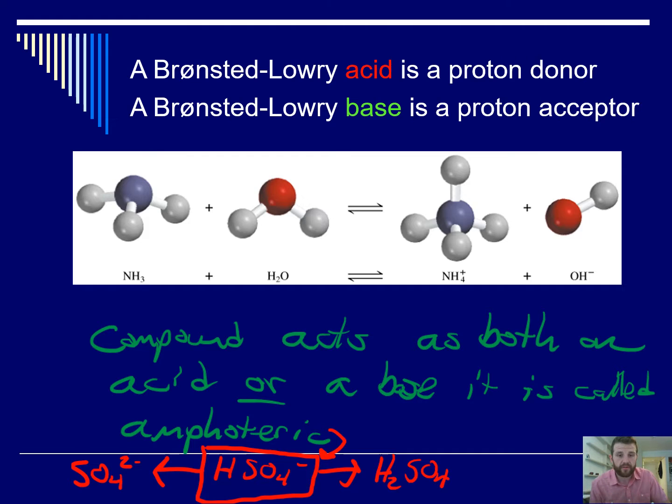What I'm seeing here is I start off with H2O, and then that H2O ends up becoming an OH-. So in the process of this reaction, it lost an H+, or it donated an H+. So it gave this hydrogen group right here onto the lone pair of the nitrogen of NH3.